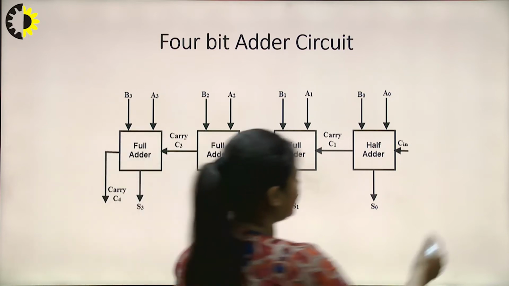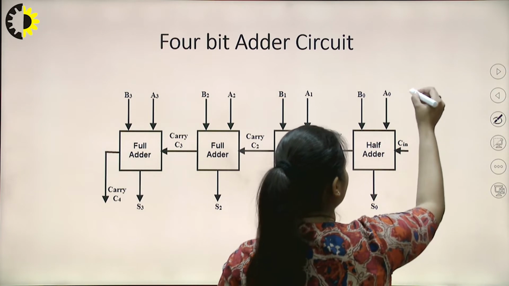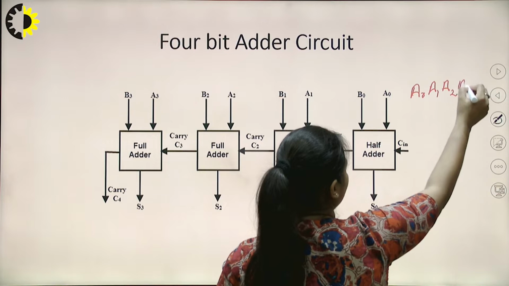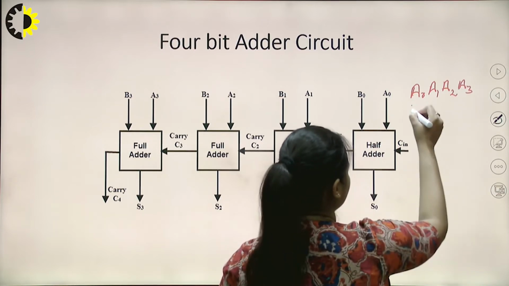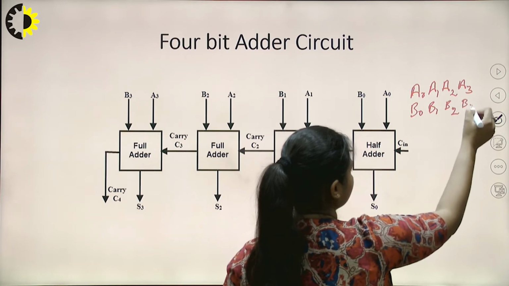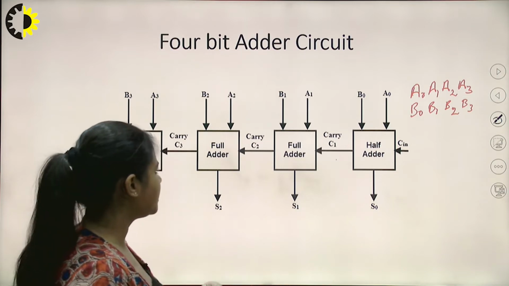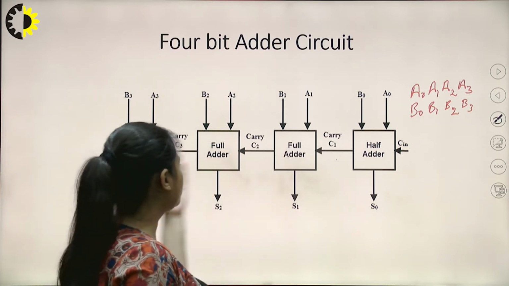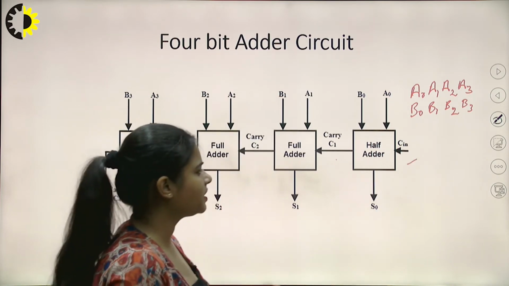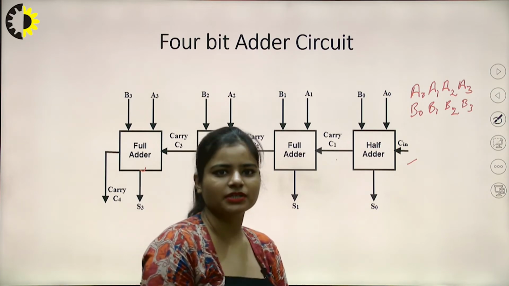We have numbers A0, A1, A2 and A3 and B0, B1, B2 and B3. Also we have carries here, which are carry forwarded to the next adder, and this one is our initial carry. We can have an initial carry, or sometimes no initial carry.